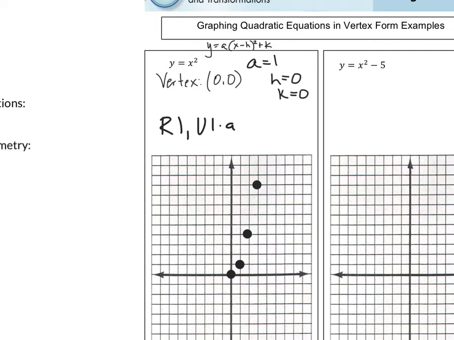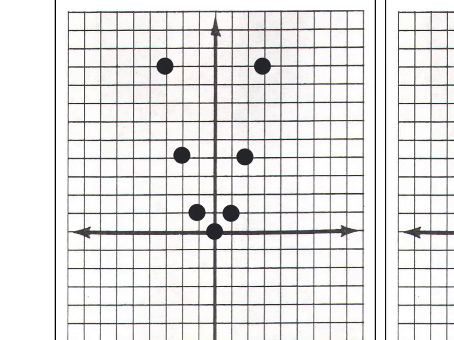Same thing: left 1, up 1; left 1, up 3; and left 1, up 5. Now you have your very first parabola curve, and it's going to follow just like so. That's really bad, but you guys get the point.